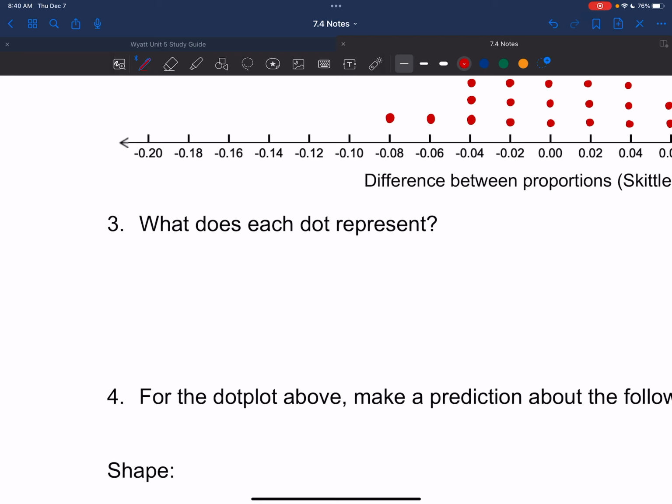So it is the difference in proportions of orange candies for one sample of Skittles and one sample of M&Ms.